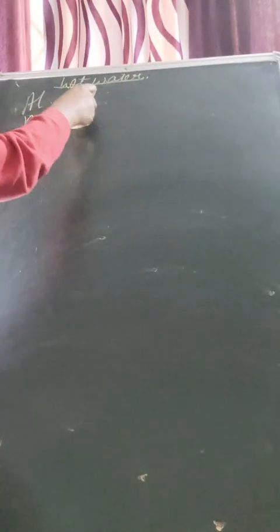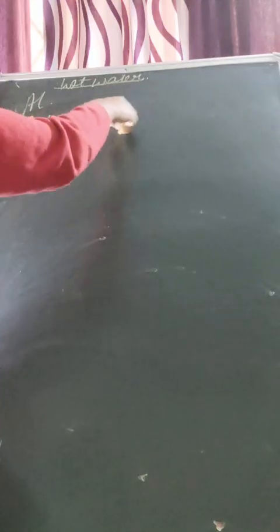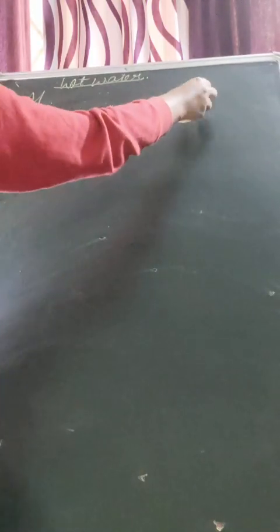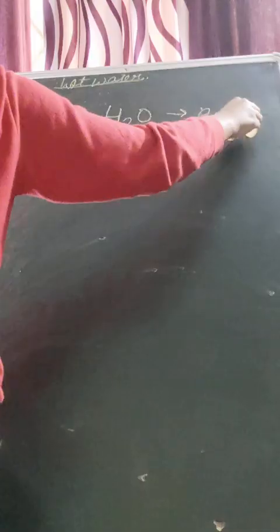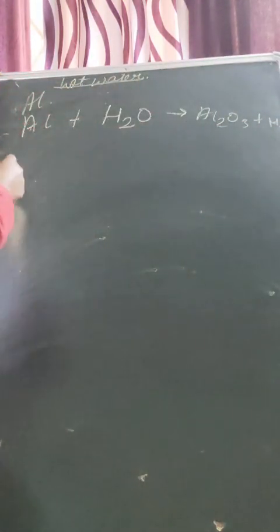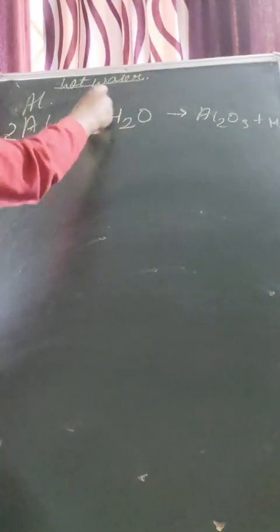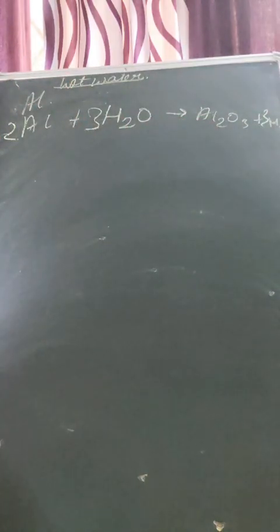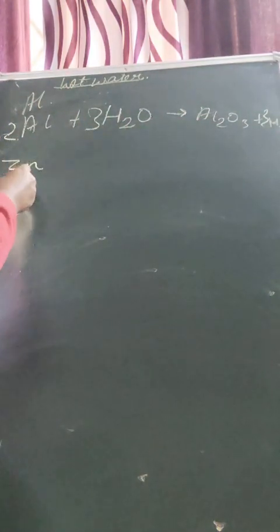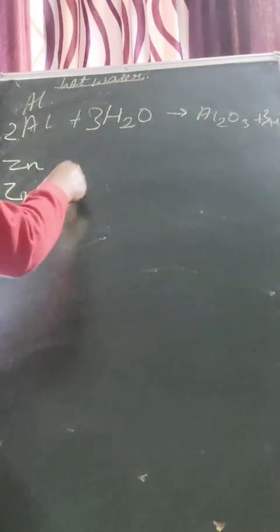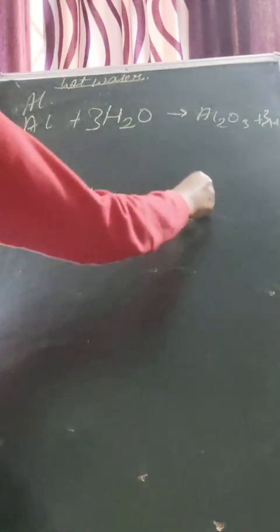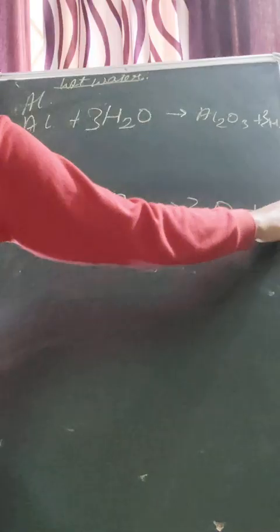When aluminium reacts with H2O, it gives Al2O3 plus H2O. Now let us balance it. 2, 3, 3. When this zinc reacts with water, it gives ZnO plus H2.